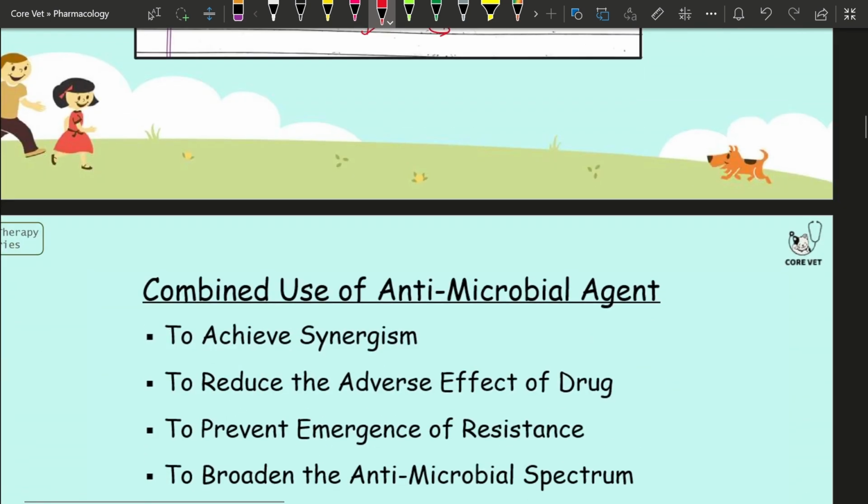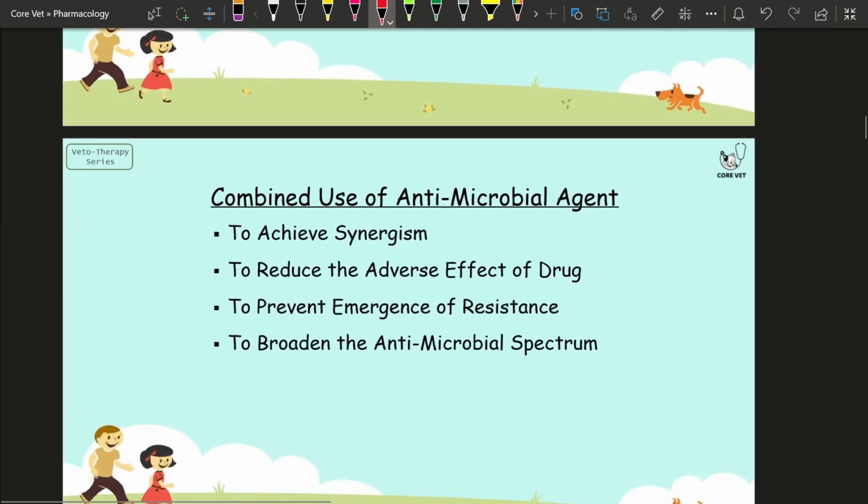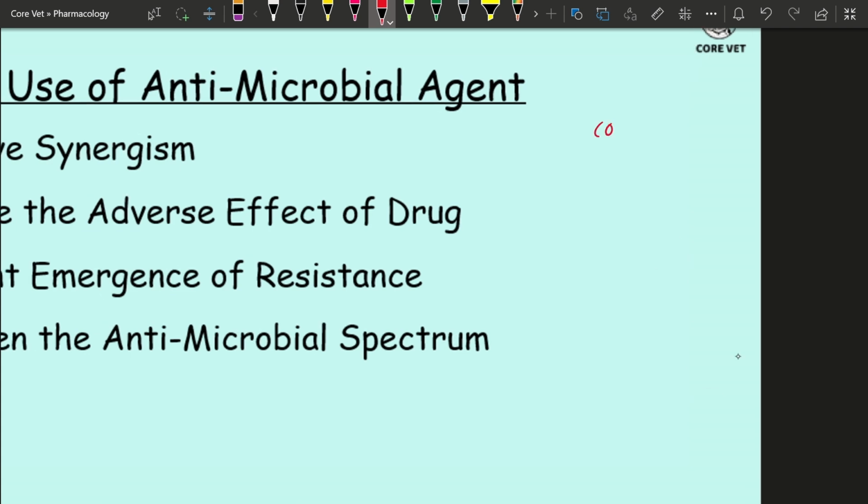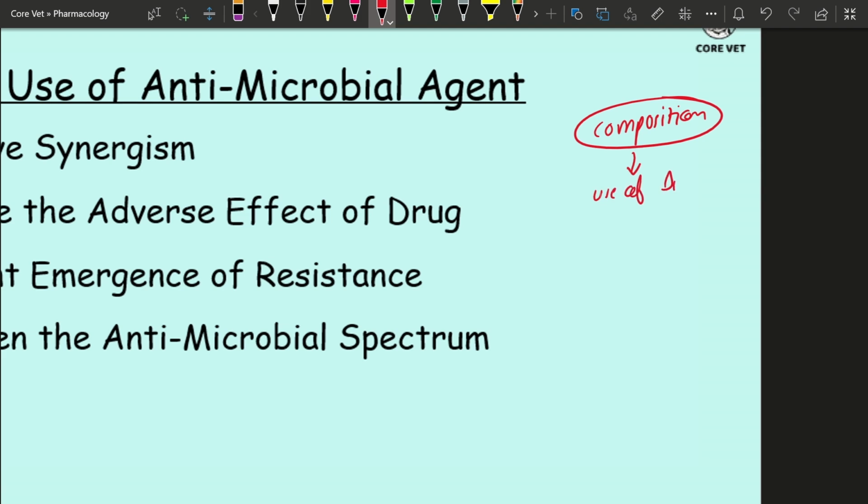Now there is another thing, the combined usage of antimicrobial agents. Whenever you go to a medical shop and look at the drugs nowadays, if you see the composition of the drug that you are taking, it is not a single drug.